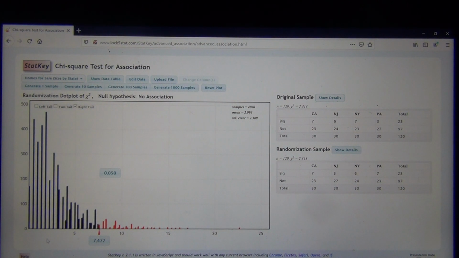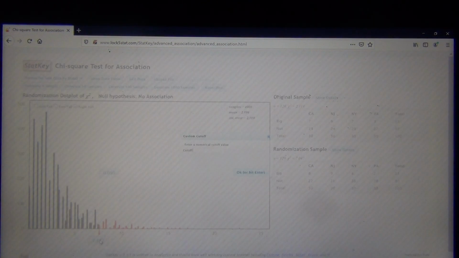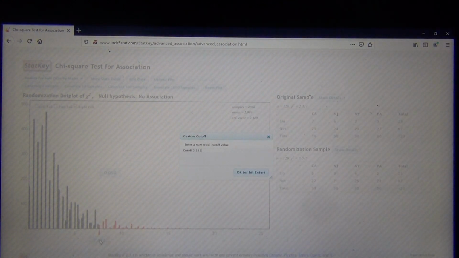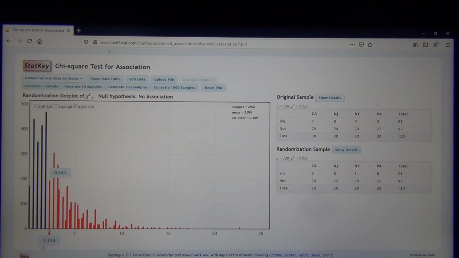Okay, now let's get the p-value. The p-value would be the probability associated with this original sample chi-square test statistic. You're going to take that, 2.313, and put it in this bottom box right here. I'm sure we're going to get a pretty big p-value here. Once I put in the original chi-square, there's my p-value, 0.541. Again, you may get a slightly different number in your simulation than mine. It's okay.